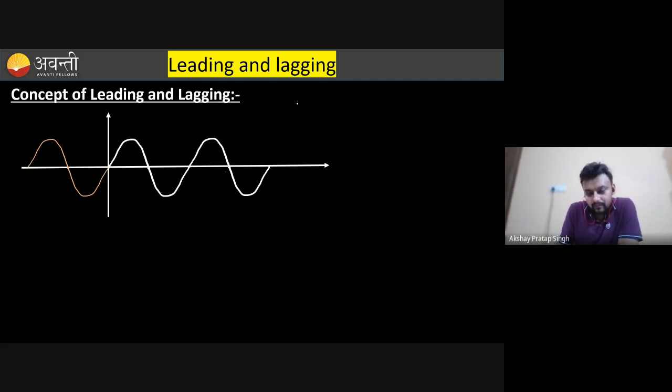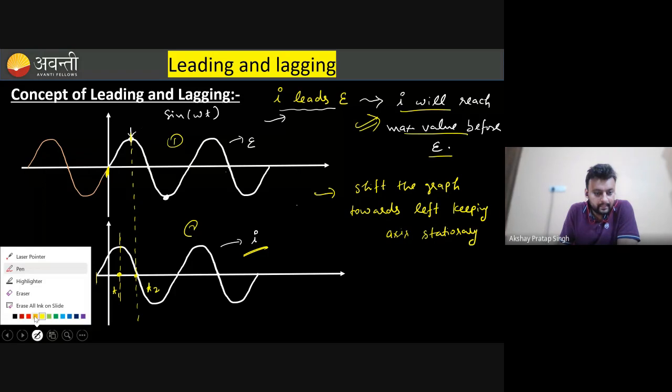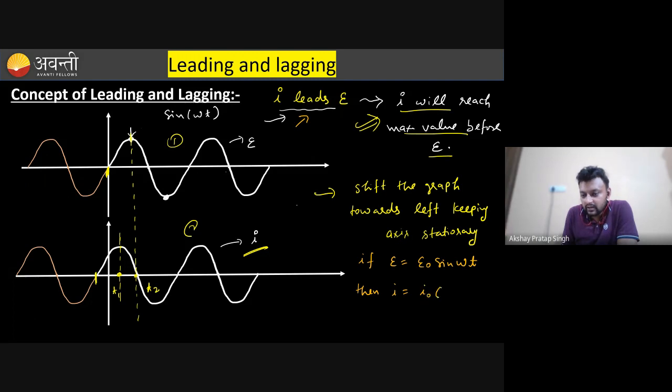For example, one more interesting thing that you should remember in this situation: if E equals E naught sine omega t and current is leading, question says current is leading, that means I will be I naught sine omega t plus phi, where phi is the difference of phase between the two quantities.